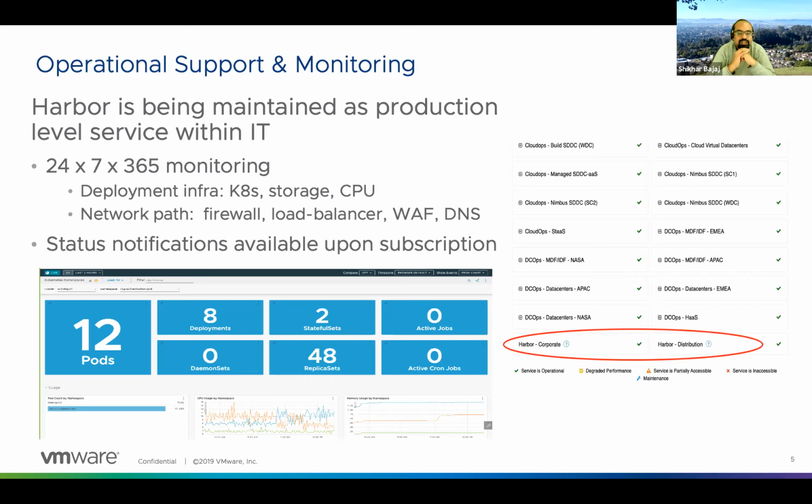And on the bottom, I'm showing you a picture of the Tanzu monitoring, just to show how we're monitoring the Kubernetes as well. So we are actively treating this as a key critical IT service, just like any of the other services that we offer within VMware for the engineering community, which we support.